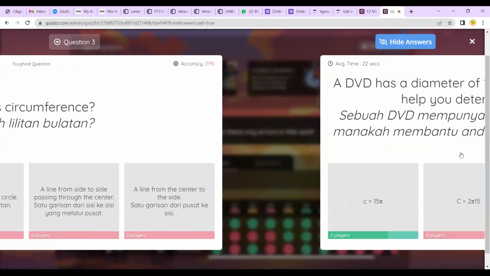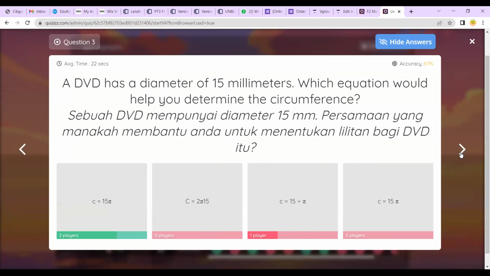Area, circumference, perimeter, distance or length are equivalent. Next, we have a diameter of 15 millimeters, so d equals 15. Just now we mentioned C equals 2 pi r, where r stands for radius. But here we cannot use 2 pi 15, this one is wrong.